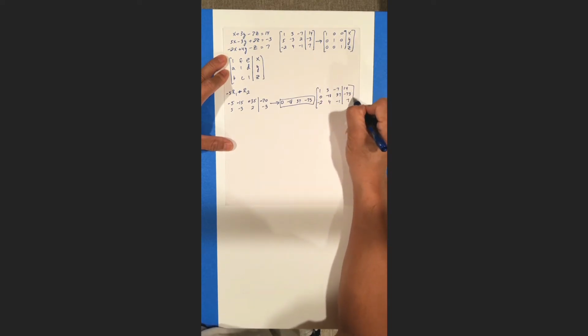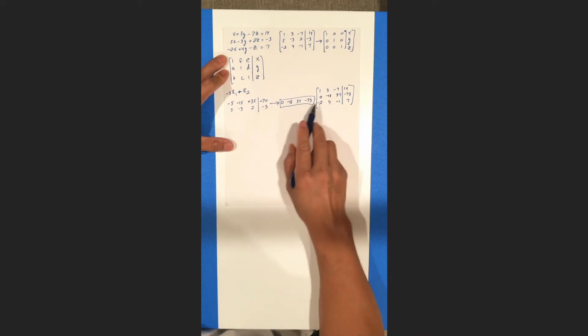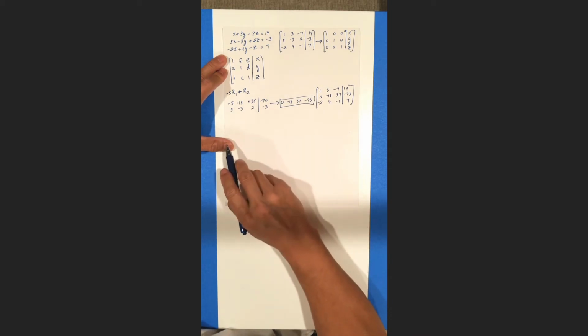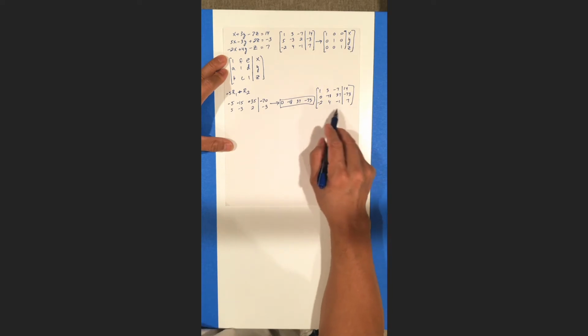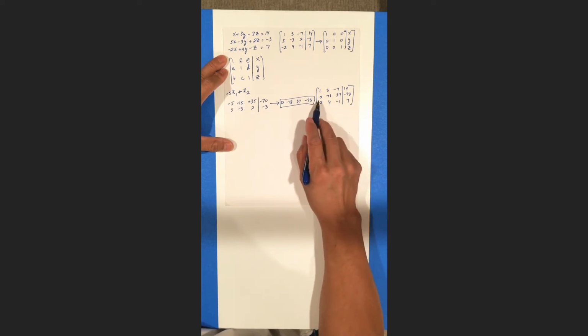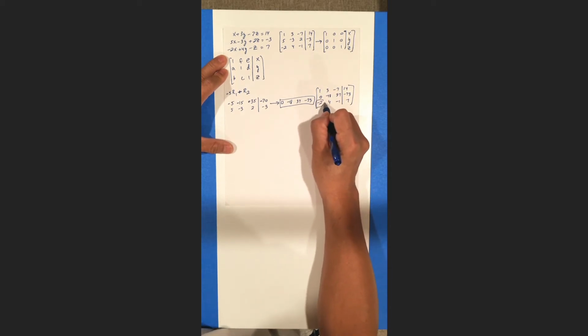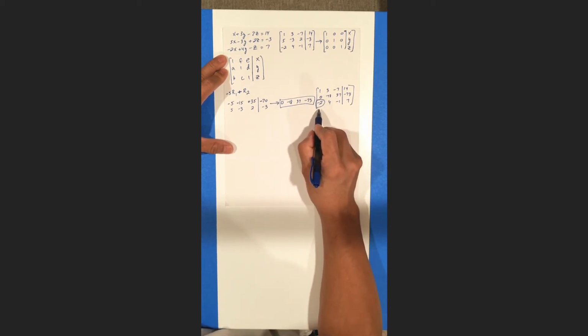So my step 1 was that I got A to become 0. So now here's my new and improved matrix where A is 0. Now my job is to take this guy, B, which is currently negative 2, and I want it to go away. I want it to be 0.